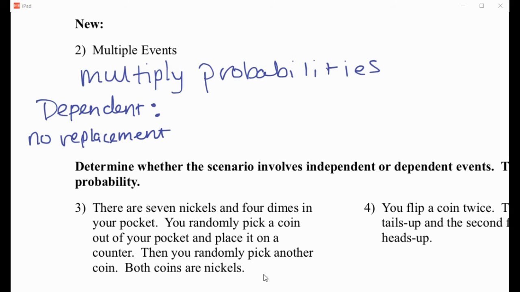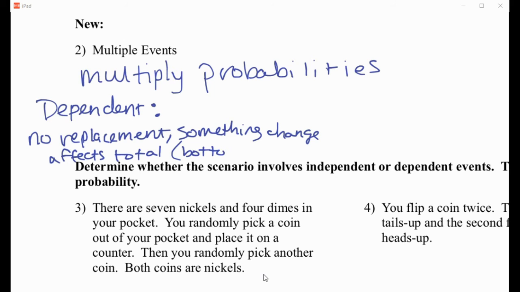Basically, it'd be like if you drew a marble out of a bag. If you don't put the one you drew out back, the second time you draw a marble, it's different. So something changed. So this usually affects the total, the bottom number.